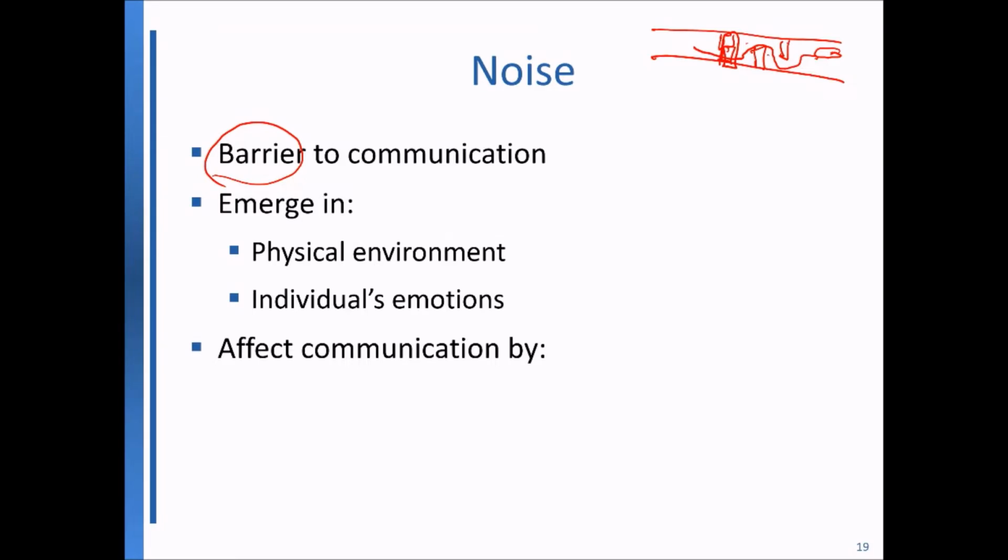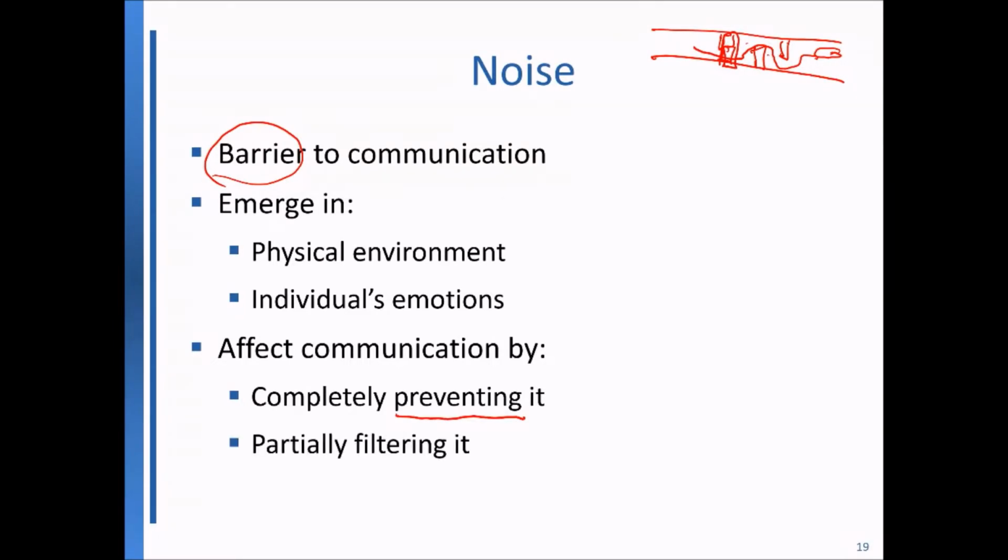How will this barrier to communication affect communication? That's why it is called a barrier or noise, because it completely prevents communication, or there's no communication at all. Or sometimes it is partial, partial filtering.